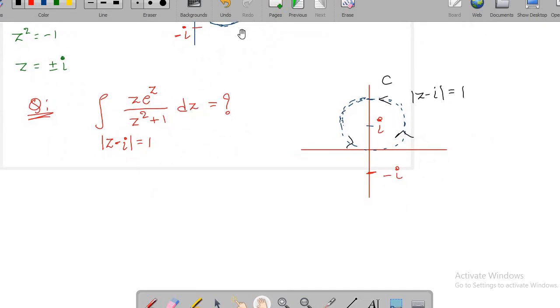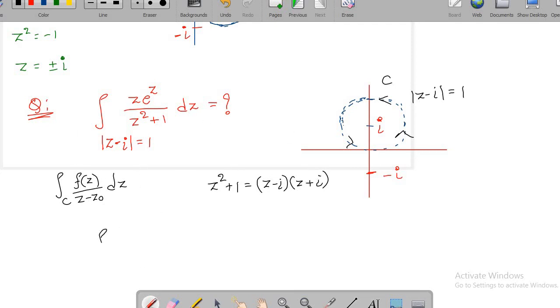Okay, so first let me write this in this form: integral along C of f of z by z minus z naught into dz. I need to write it in this form. But in the denominator, you have z square plus 1, and we know that z square plus 1 can be written as z minus i into z plus i. So you keep the problematic point in the denominator and take the rest to the numerator.